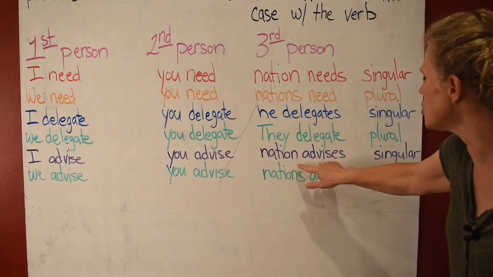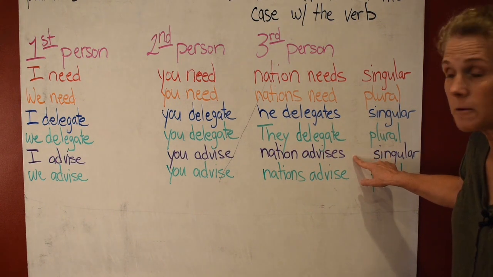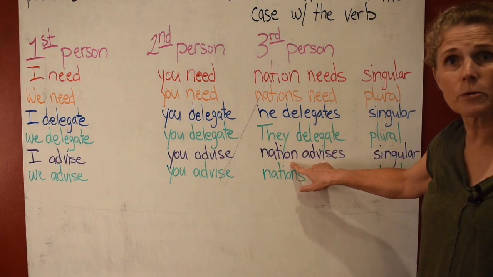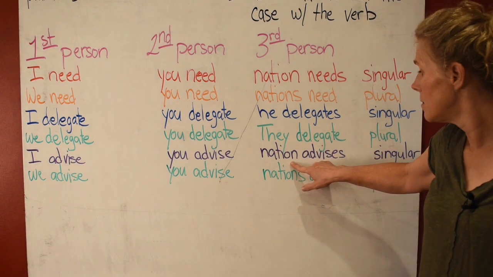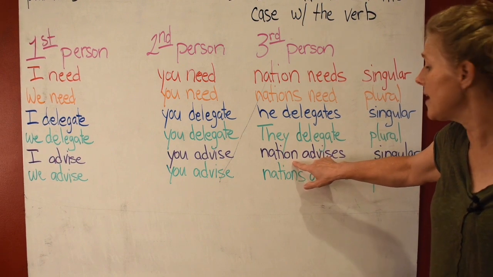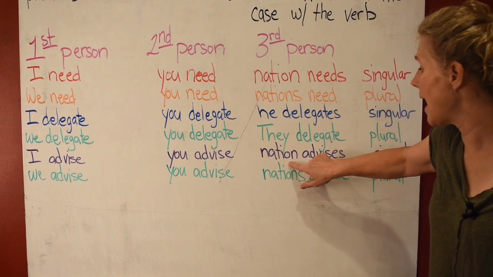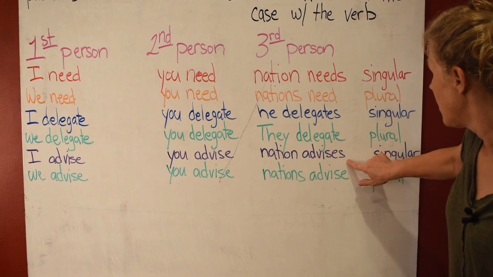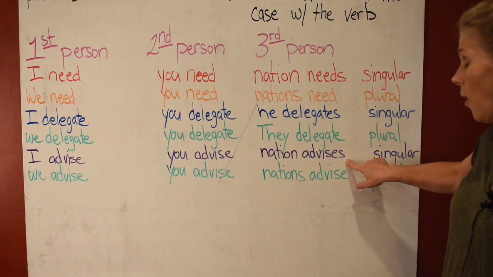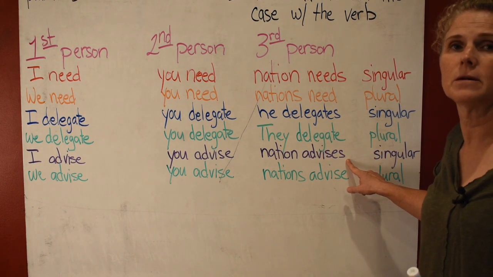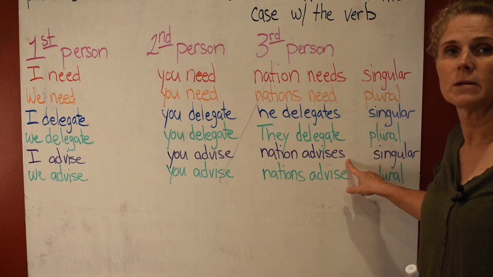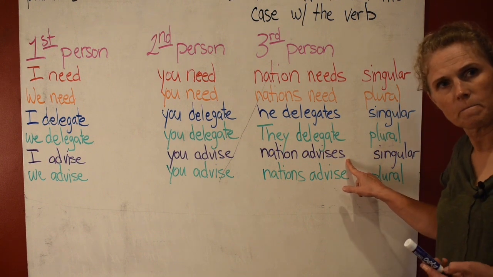But look, "nation advises." Is this singular or plural? A singular. That is a singular noun. So why does this have a plural s on it? Because it has to match the noun.